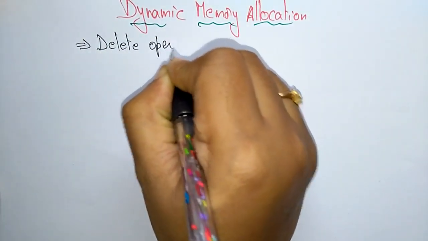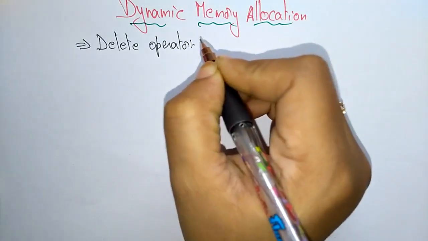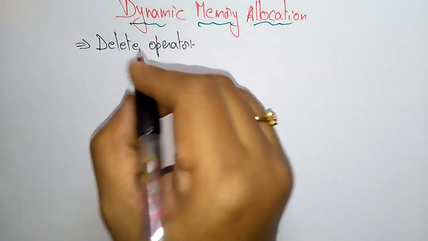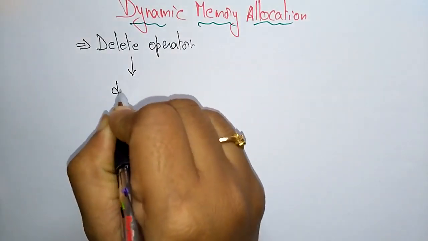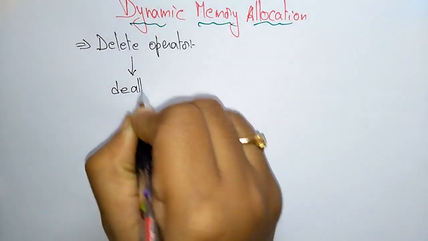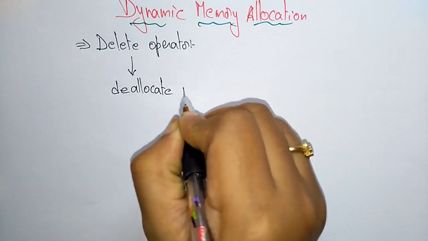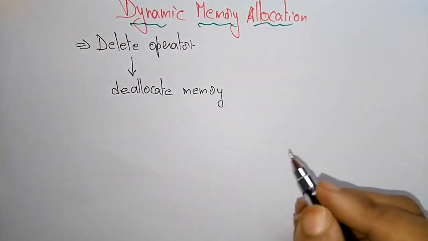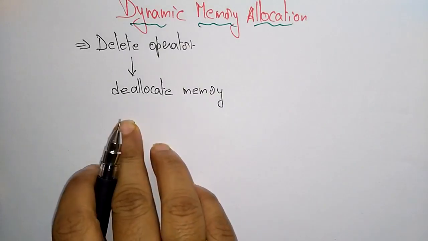Delete operator. Since we use the new keyword to allocate memory, delete is used to deallocate memory. Whatever the new operator has created will be deallocated.